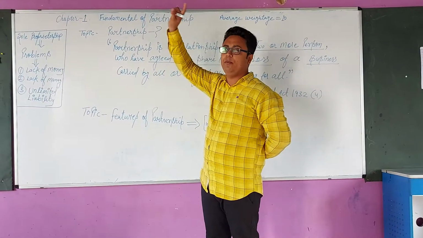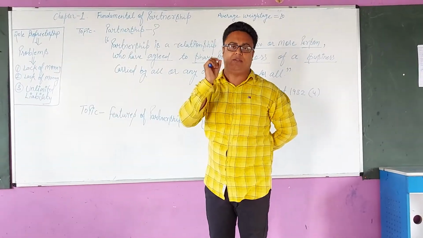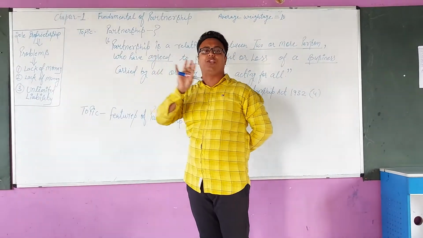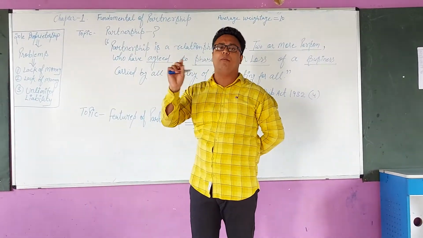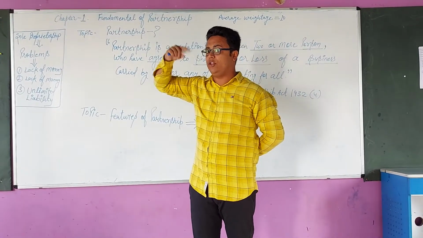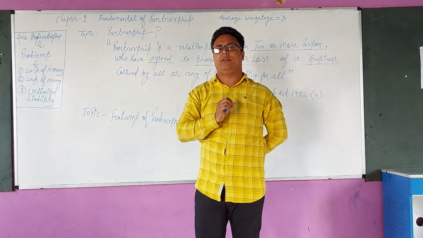The first type of business organization was private sector enterprise. Private sector enterprises are those enterprises which are owned, controlled and managed by an individual person. Right? The second type was public sector enterprise.